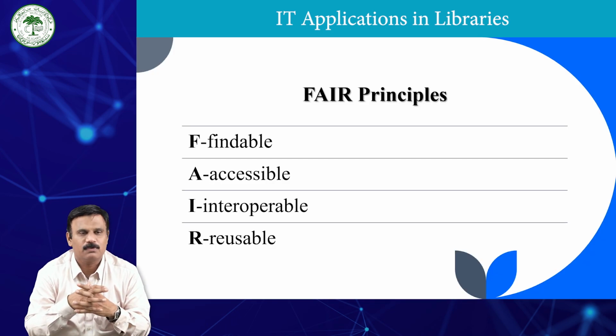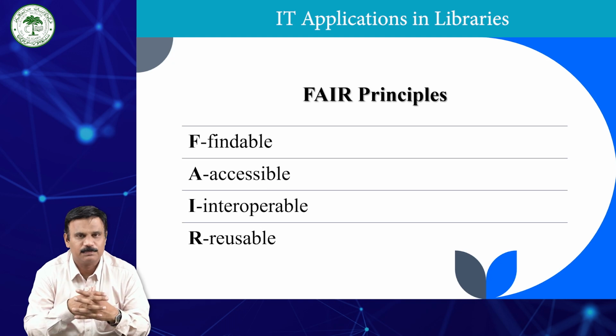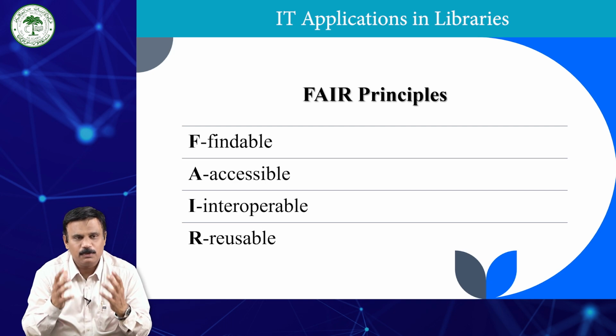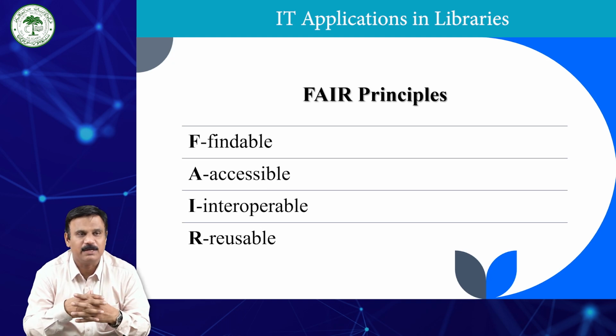Learners, now let us see what the FAIR principles are. F stands for findable, A stands for accessible, I stands for interoperable, and R stands for reusable. What is findable? Both humans and machines should be able to easily locate the data.